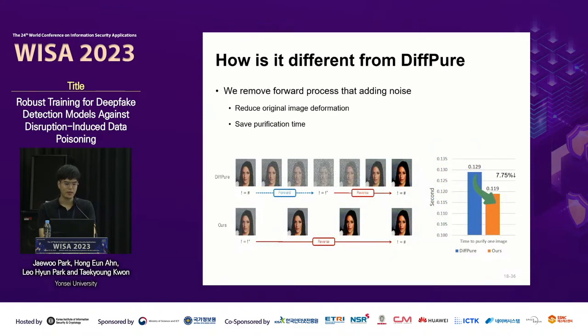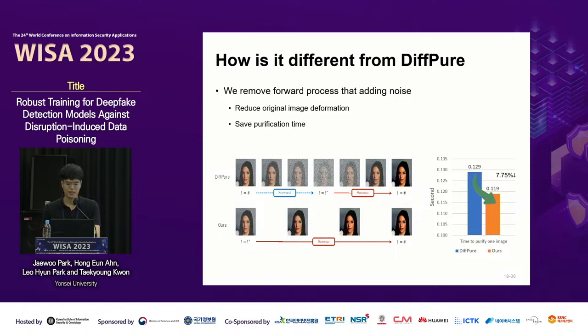So hasn't there been any work on removing perturbation using diffusion models? This year, a paper on removing adversarial perturbation using diffusion models was presented at the 2022 ICML. This work included the forward process to add noise and the reverse process to remove adversarial perturbations together with the added noise.